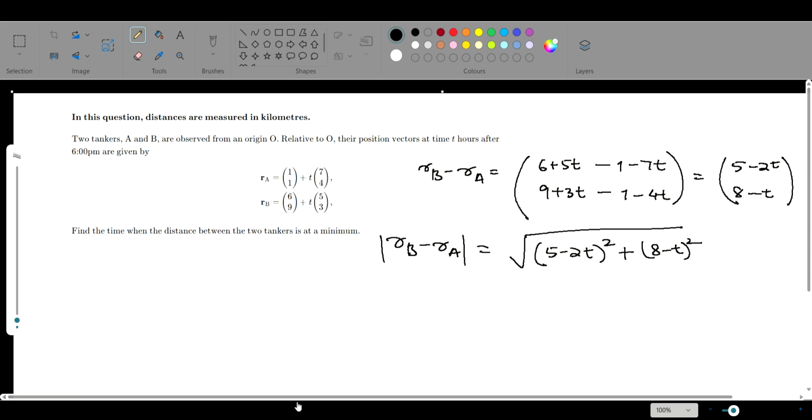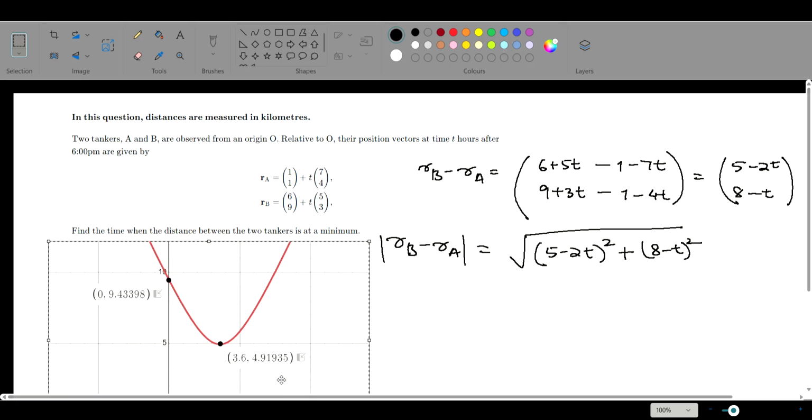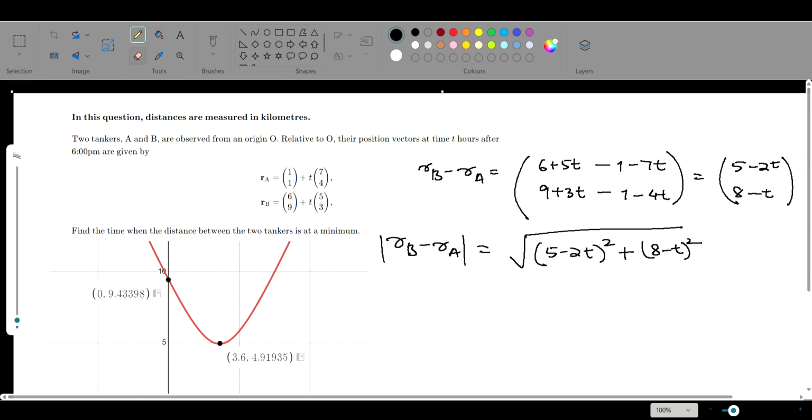Did you get that time? Yes, the graph is saying the same thing. So time is 3.6 hours.